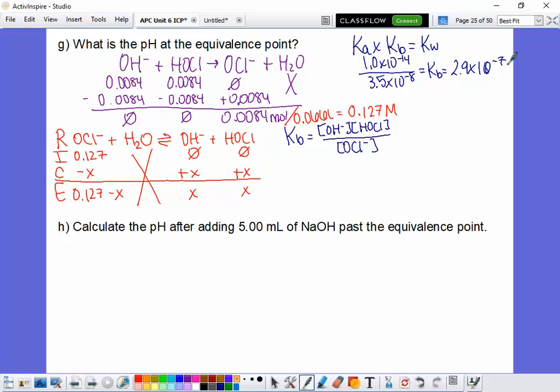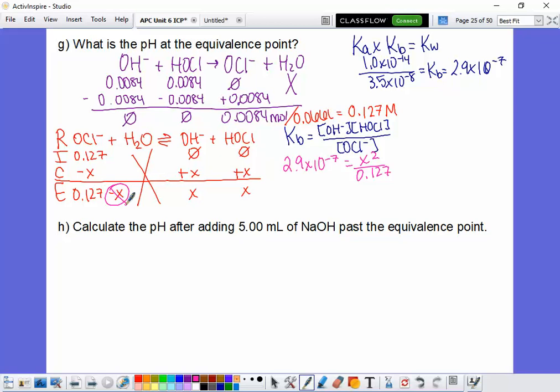Almost done with letter G, and then we'll do H, and then we'll be done. Okay? Power through. I know your brains probably feel like mush. Let's just really mash them the rest of the way, right? All right, so 2.9 times 10 to the negative 7 equals x squared over 0.127. Can this minus x be negligible? Yeah. 0.127 divided by that Kb, that's a huge number. X is so small in comparison to that initial concentration of OCl minus.